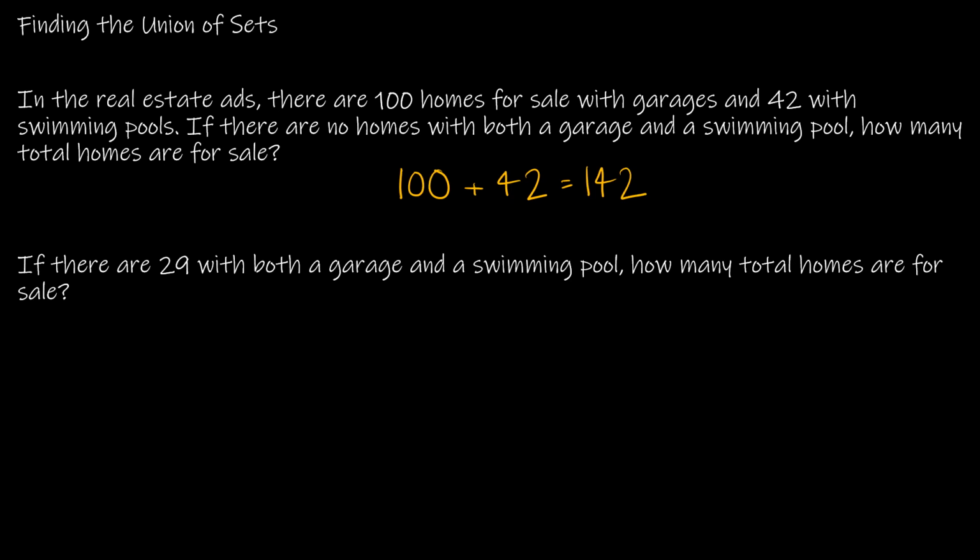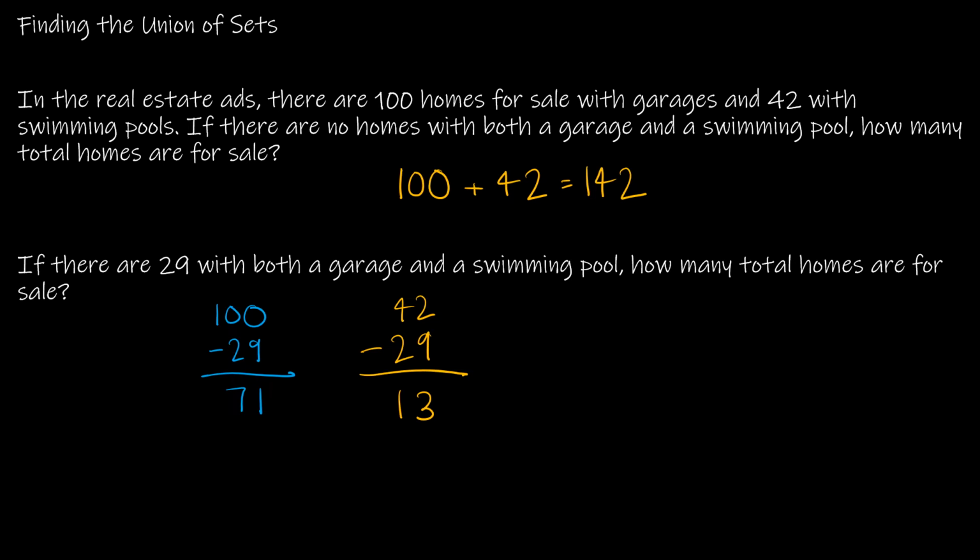However, now let's say there's still 100 homes with garages and 42 with swimming pools, but there are 29 that have both a garage and a swimming pool. So how am I going to go about finding this? Well, there's different ways to think about it. I can find how many have a garage but no swimming pool, and that would be 71. And how many have a swimming pool but no garage, and that would be 13.